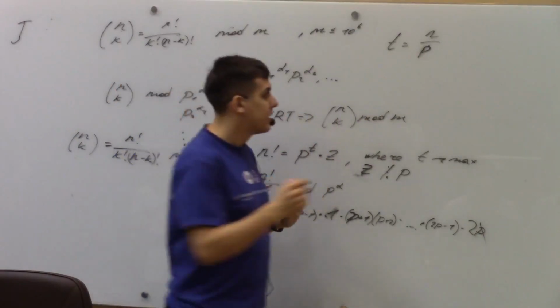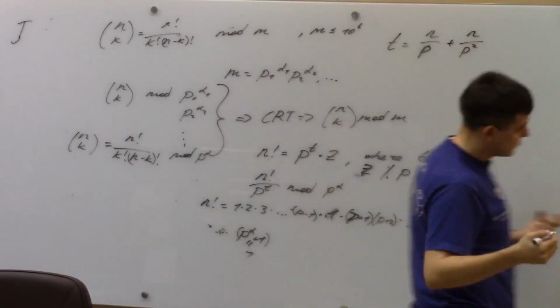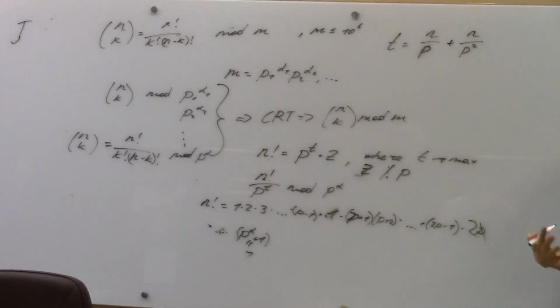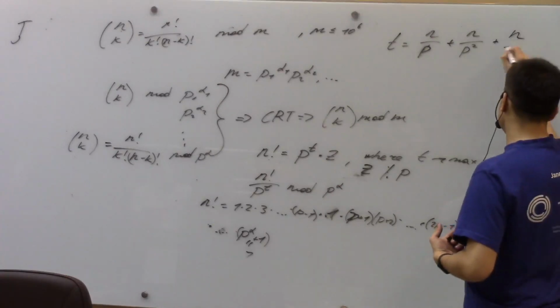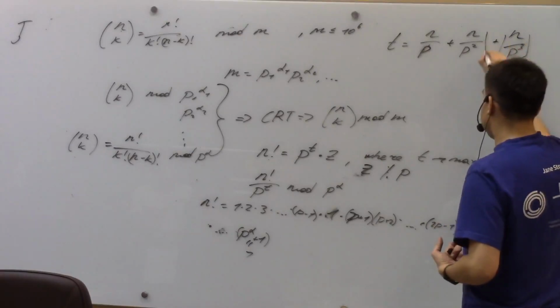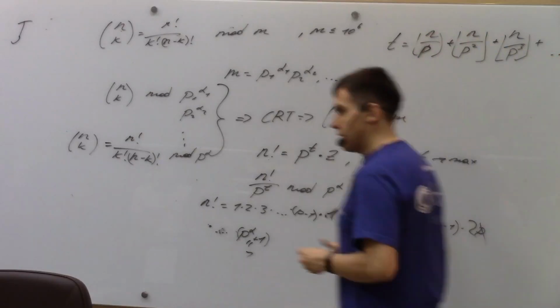Plus n divided by p squared. So this is the total number of numbers that are divisible by p squared, or maybe by p cubed, p to the power of 4, and so on. So this infinite sum, rounded down, is t.